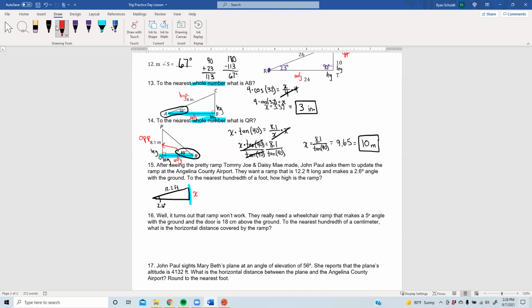And here's our right angle right here. So if we circle the angle they give us, how is this X positioned in regards to the angle given? It's opposite. What about the 12.2? It's going to be adjacent.